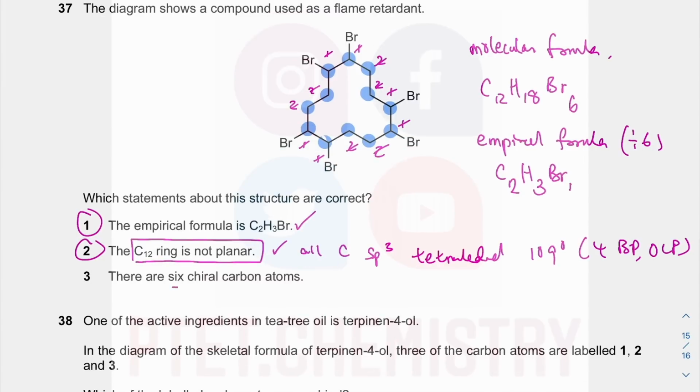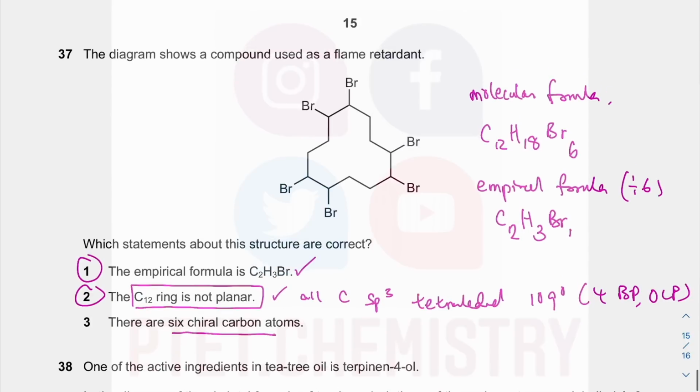6 chiral carbon atoms. So let's think about this. So chiral carbon, we have a carbon bonded to 4 different groups. Alright. So if I imagine cutting down that thing in the middle, because I'm looking at this carbon.